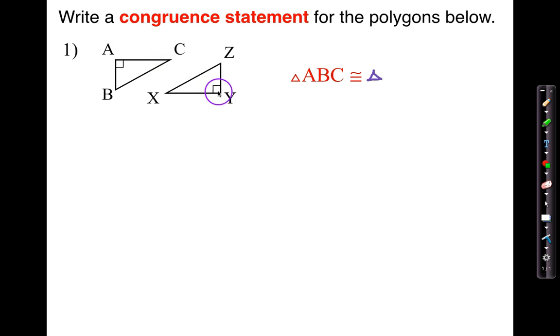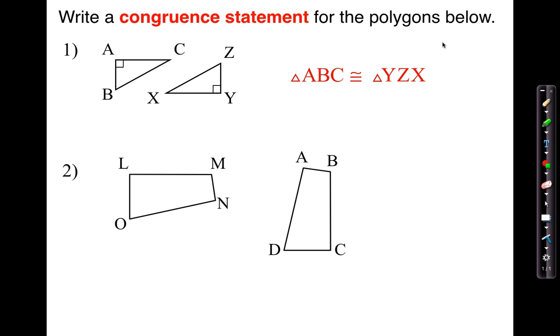Well, because they are both the right angle. So I'm going to go ahead and put triangle Y. Well, what does B correspond to? Here, notice A is going to the shorter side, which is B. So for Y, I would want to go to Z, because X would be the longer length. So I'm going to put YZX. So this here would be my congruent statement.